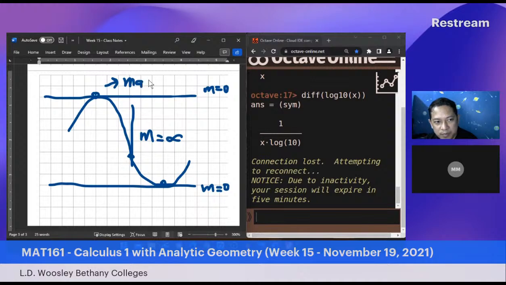And then of course, obviously, there is a minimum point here. This is your minimum point. So you have maximum point, minimum point.